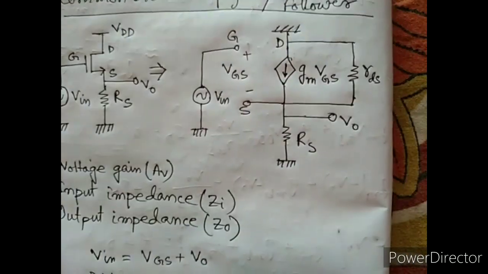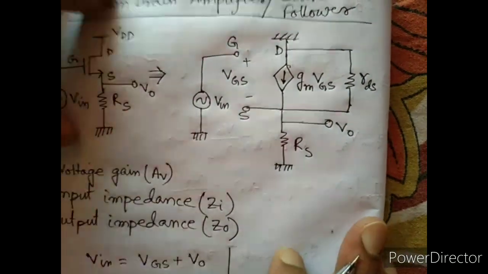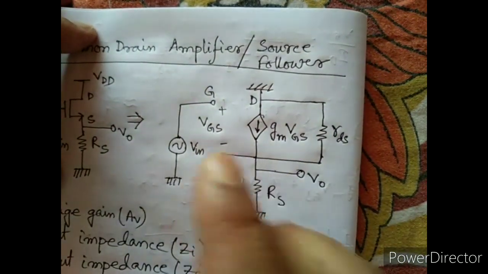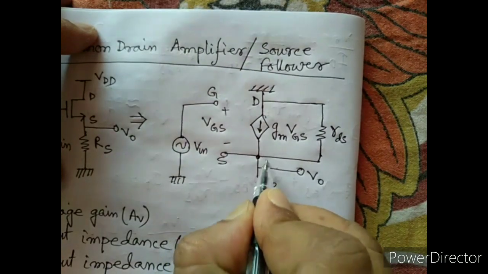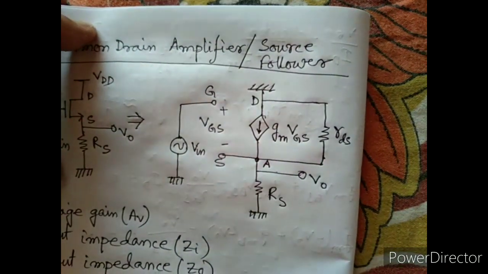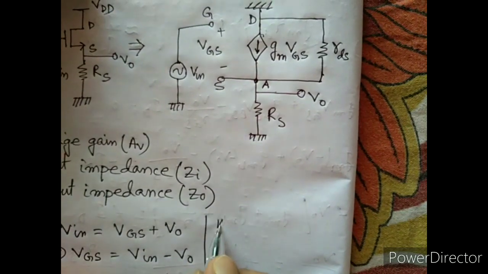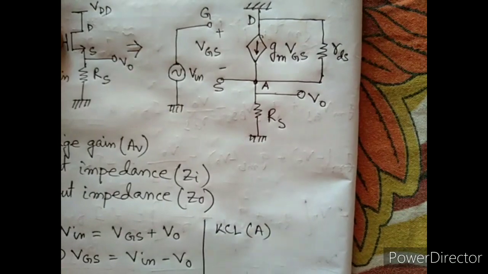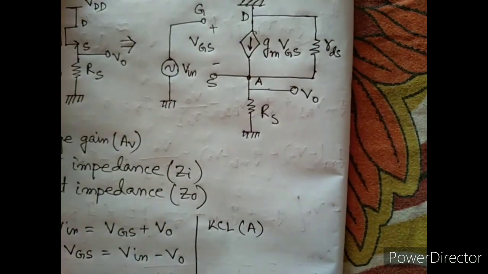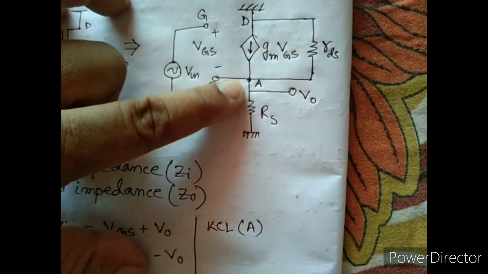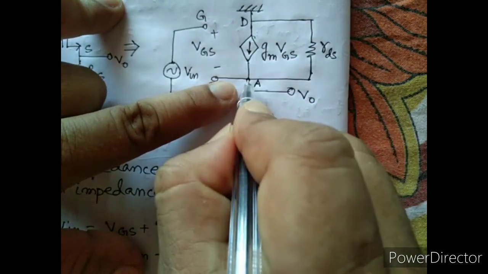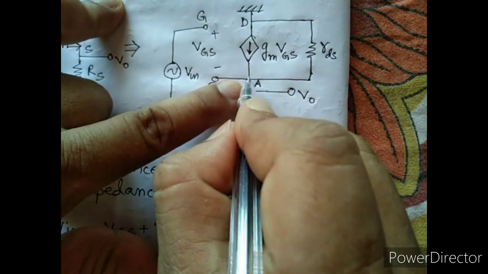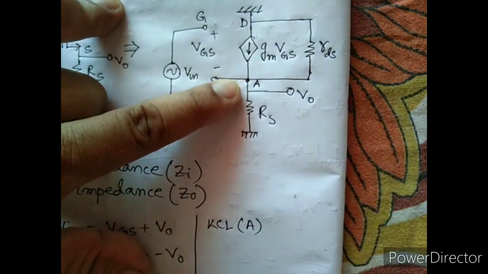Okay. Now if we calculate KCL at this node A, the current passing through this node, input current and output current, should be the same.